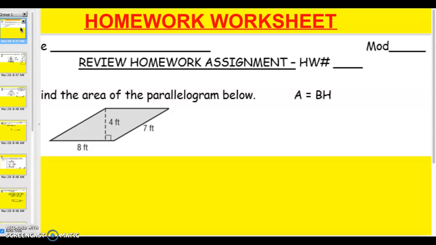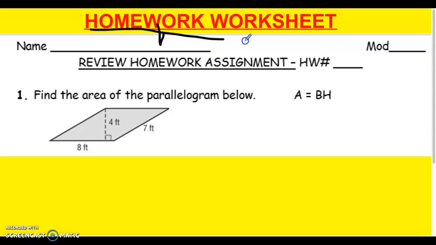If you're going to do that, make sure you circle your answers so I can see them. Label everything, okay? Because the beginning of next week, we are going to have a test, and the test is going to be on the quizzes program. So this is a review for that test, okay? So this is the homework assignment for tonight.